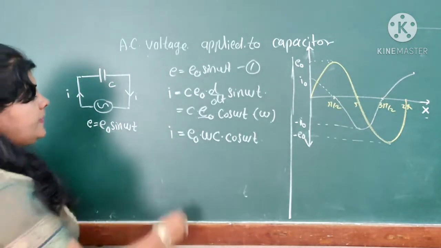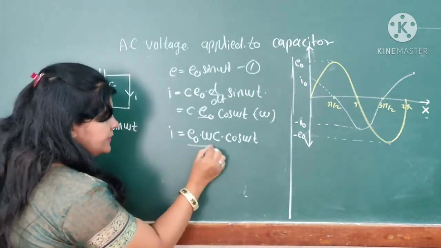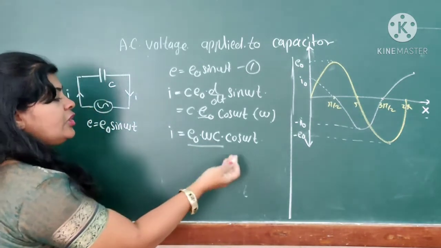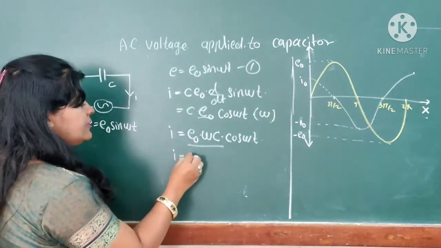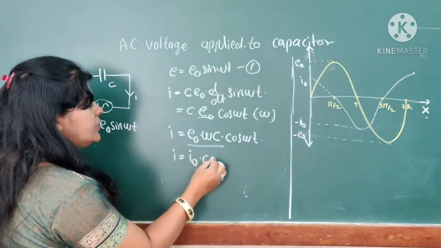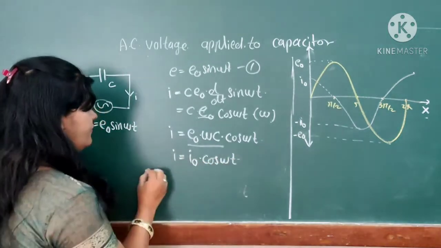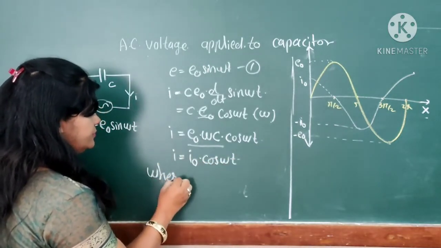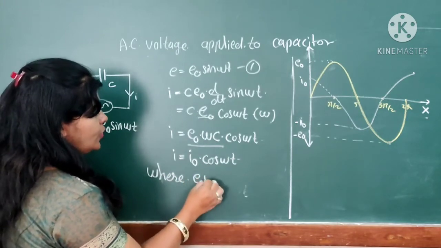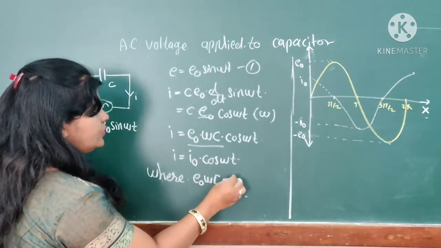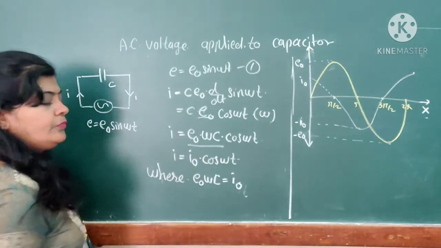Now after that, this parameter E naught into omega C we consider as I naught, so I is equal to I naught into cos omega t, where E naught omega C is equal to the I naught value.